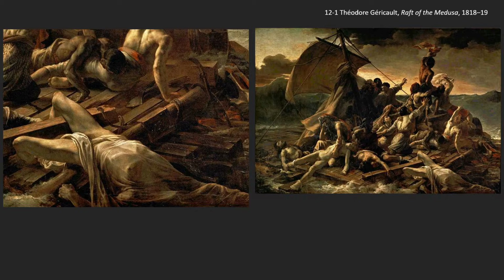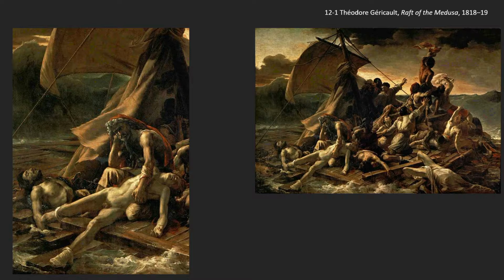They take up the majority of our visual experience as we move our way eventually to the heroic figure trying to flag down the boat. Here a figure holds on. We think a father with his son trying to keep him on the boat. As you might imagine, others have probably been partly eaten by fish, and the paleness of the bodies adds to that sort of horror.